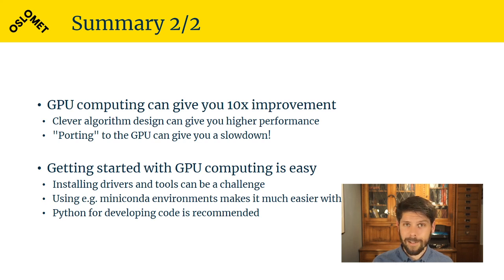But then you need to track down what's going wrong and fine-tune it until you get your 10 times speed improvement. Some people claim a 100 times speed improvement, and most of the time those claims are kind of cheating. They're not comparing fairly. So something like 10 times, that's more or less reasonable.